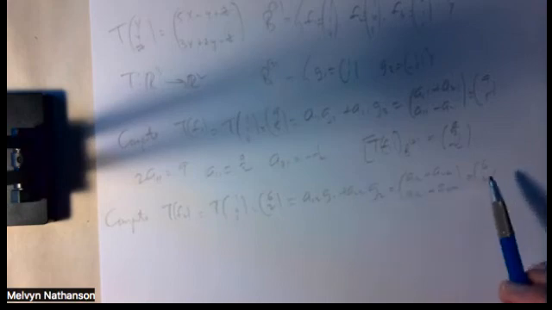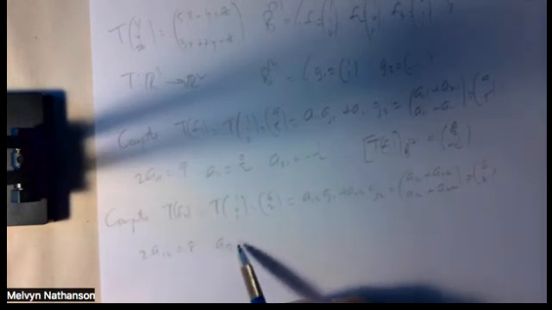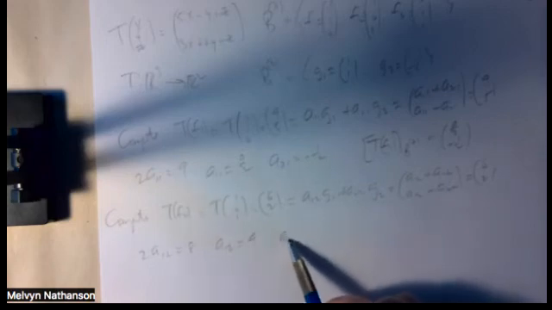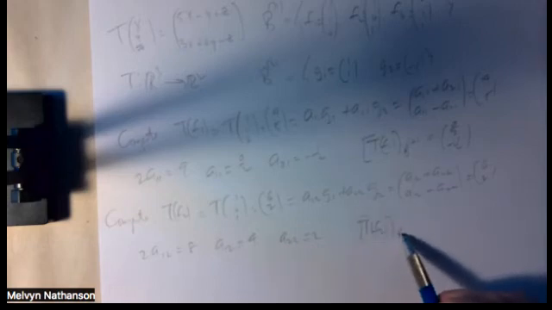So this equals 6 and this equals 2. If I add these two equations, the A22s cancel. I get 2A12 equals 8. So A12 is 4. 4 plus 2 is 6, 4 minus 2 is 2. So A22 is 2. So T of F2 with respect to my basis has coordinates 4, 2. So that looks good.